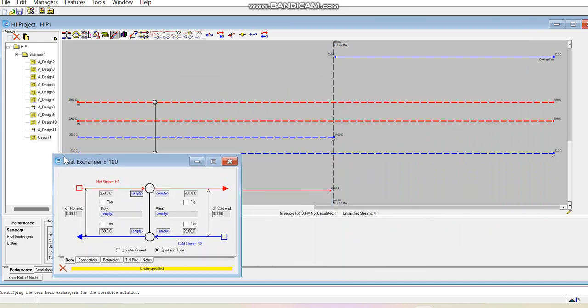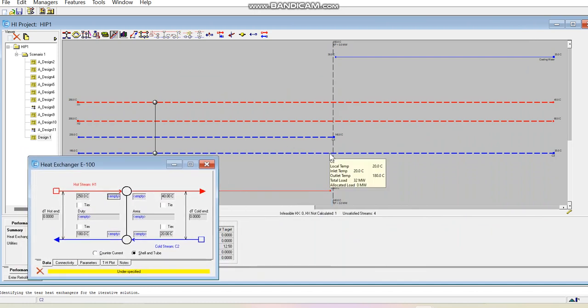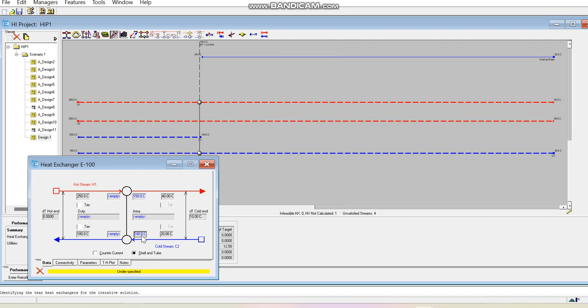At the pinch, the cold must enter at 140 and the hot must leave at 150. So I write 150 here, and I write 140 here. So the hot is leaving at 150 and the cool is entering at 140.